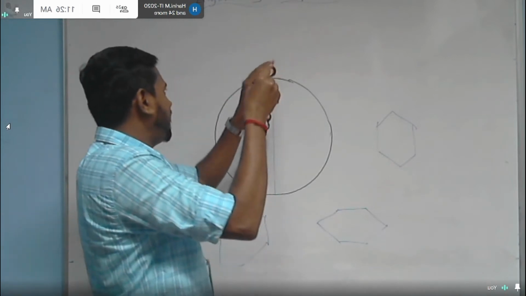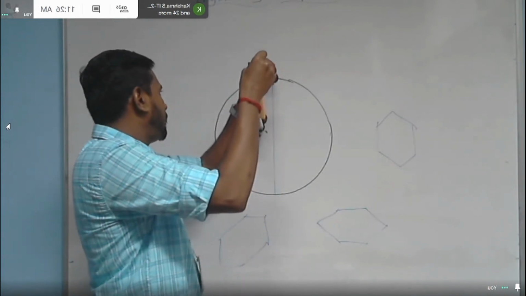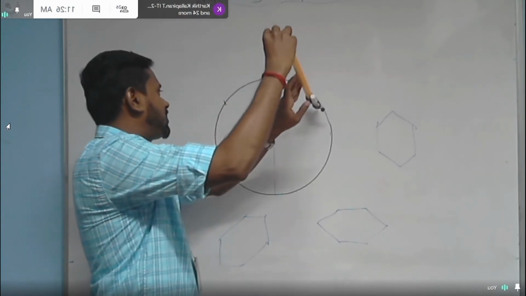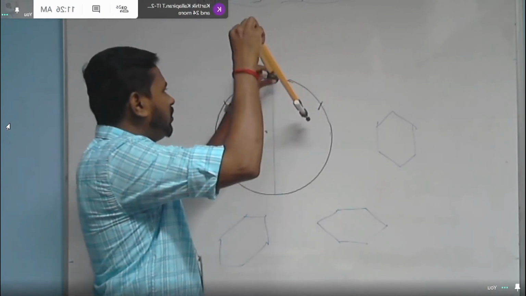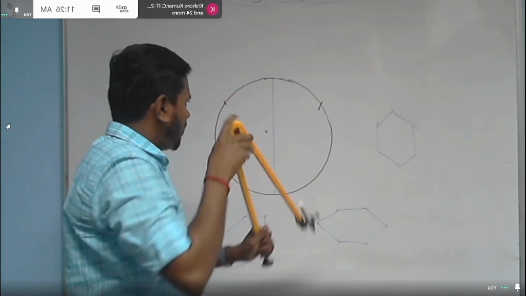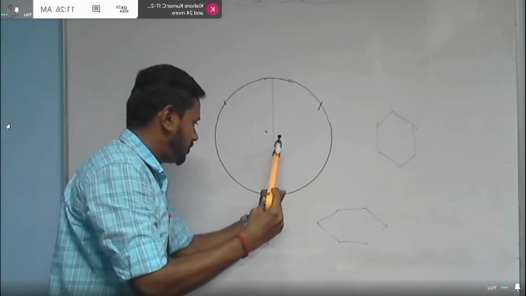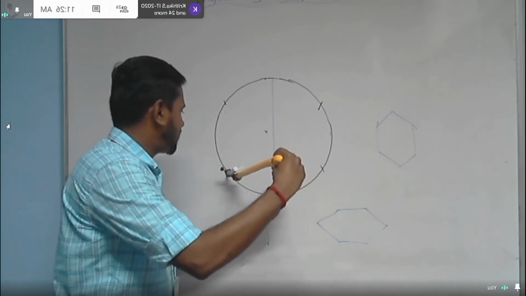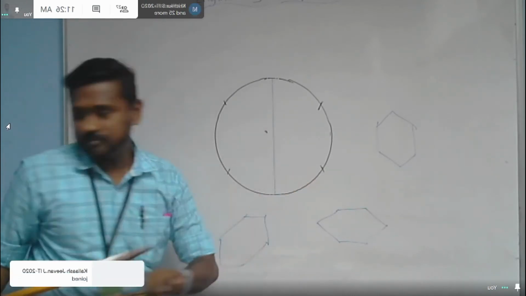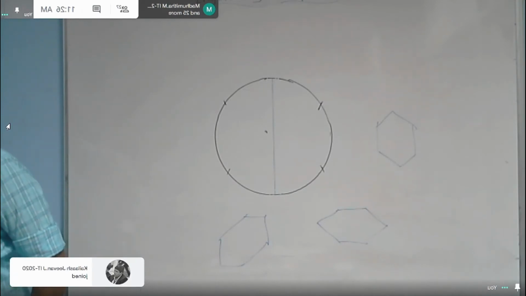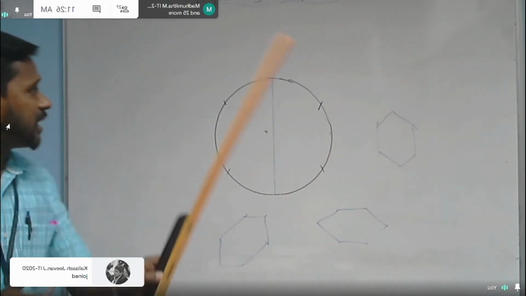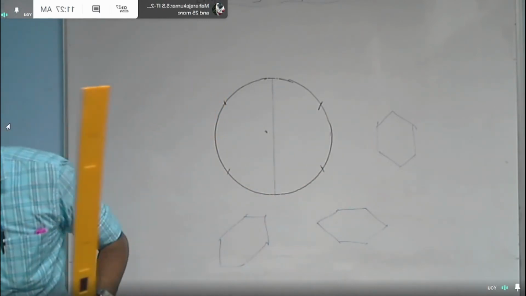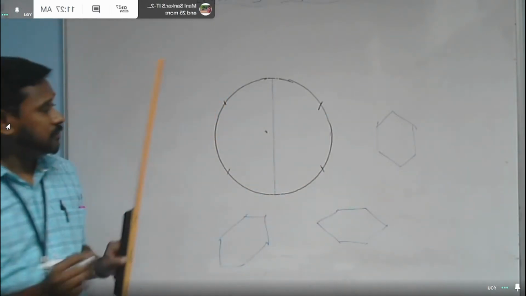From this end, cut one arc on the left side and right side of the curve, and again from the bottom cut arcs on the left side and right side. Now by connecting all these cut points, you get your hexagon. See here.